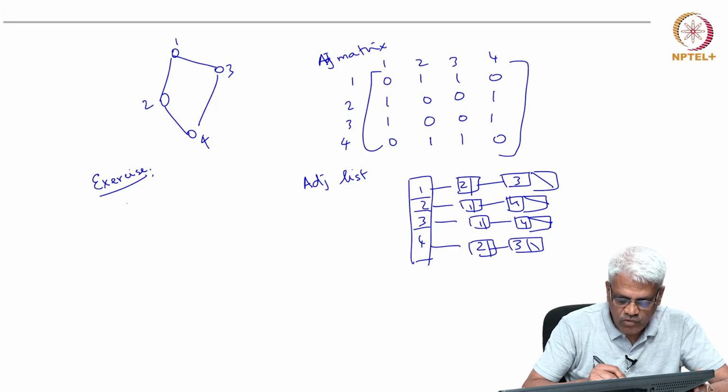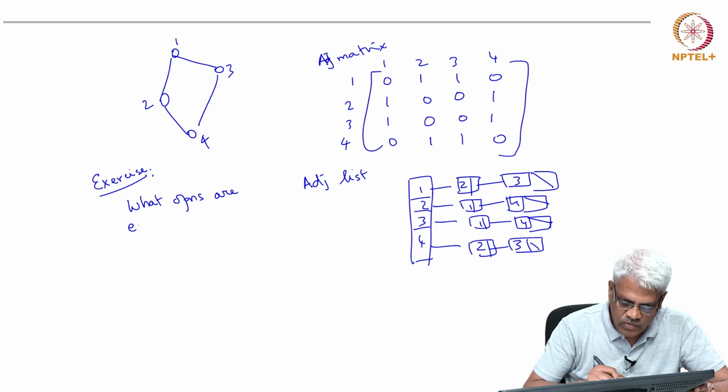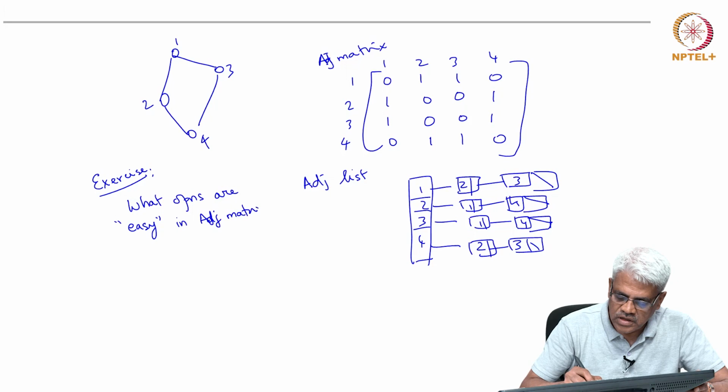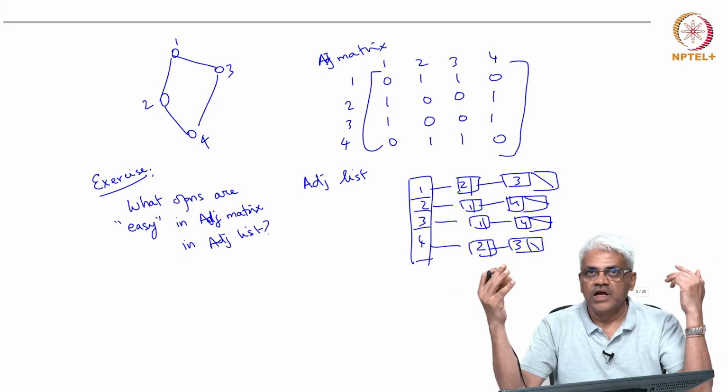What operations are easy, and what does easy mean, in adjacency matrix, and then in adjacency list? I mean, why do I need two representations? You should ask this question.